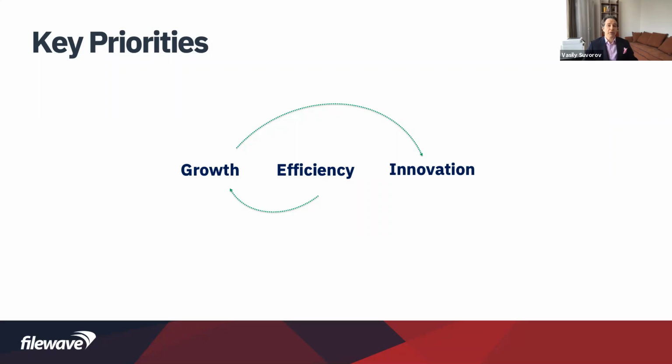And we cannot grow if we don't understand what's important for you, right? Once we understand what's important for you and we're able to execute on the roadmap efficiently and fast with a good level of quality, we can invest in innovation and fire up the machine even further, right? And be the right partner for you going forward. So these are my priorities, and this is what we're working on with the team. Next slide, please.